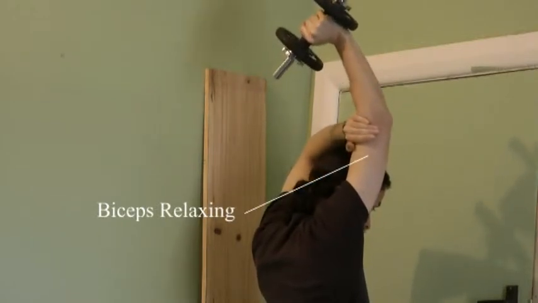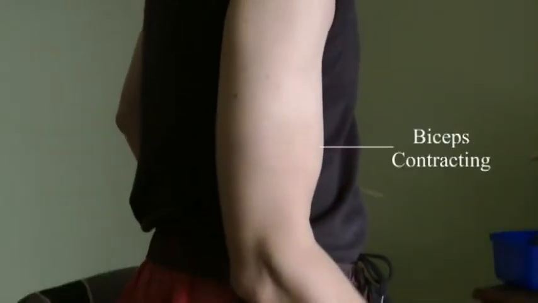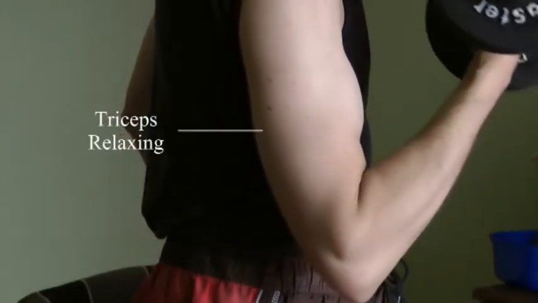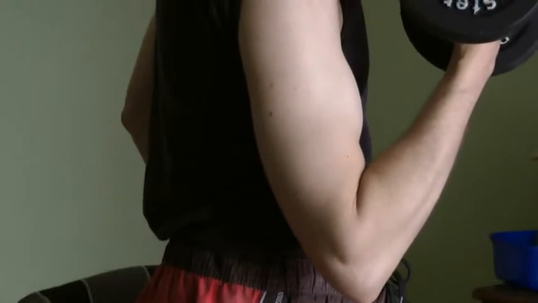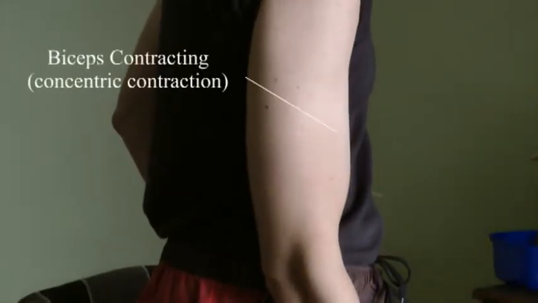In the case of an exercise such as lifting a dumbbell with the arm, the biceps contract to move the weight upwards. The opposing muscles, the triceps at the back of the arm, are relaxed whilst this action is performed. The biceps are being used whilst contracting, and this is described as being concentric.